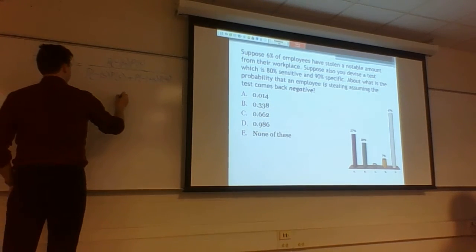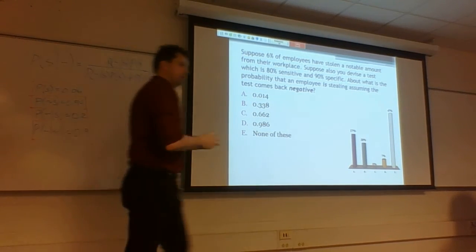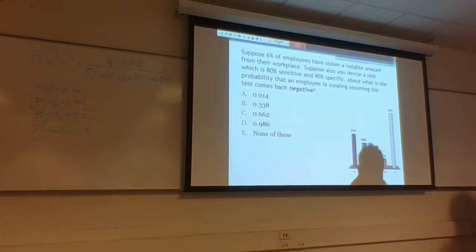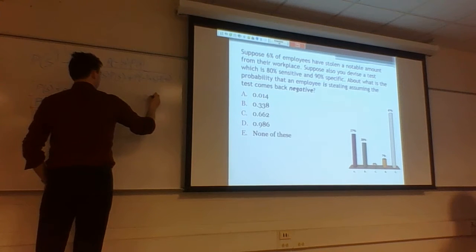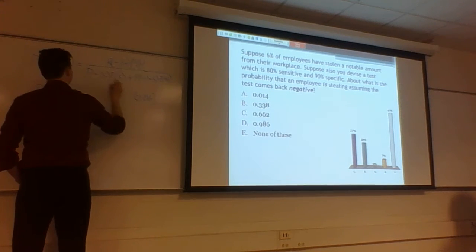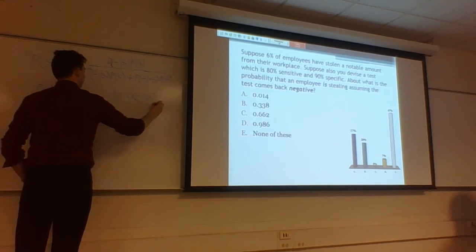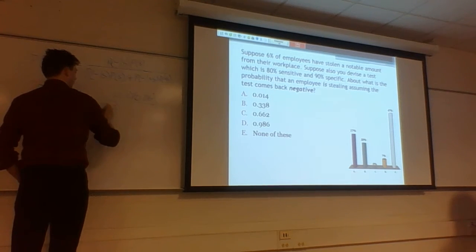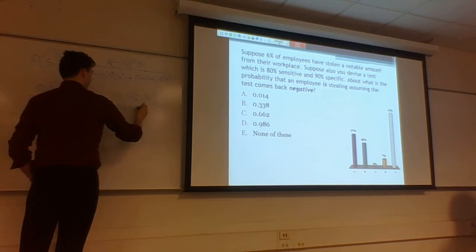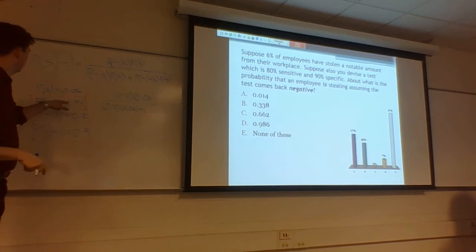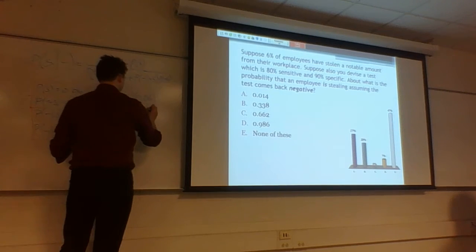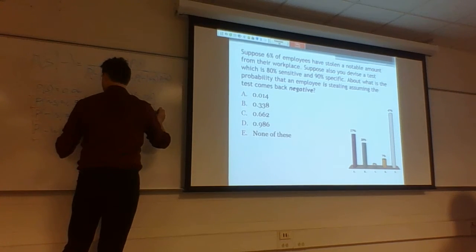So we have, I can barely read that. Let's use the blue. 0.06 over there. That is 0.2, times 0.06, plus this stuff, 0.9 and 0.94.